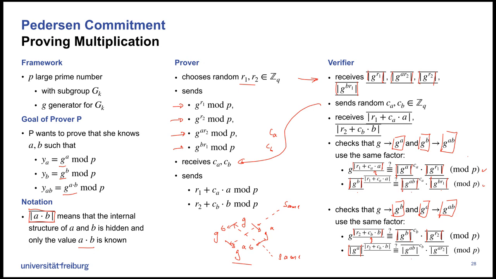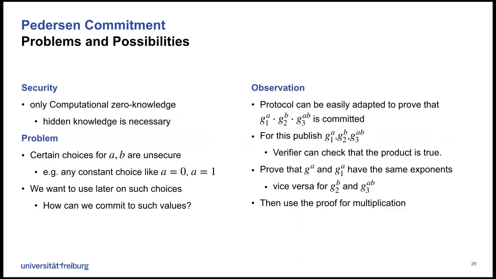So by this parallel proof somehow, you know that you have G to the A times B in the exponent. And you can prove that this is the case without revealing too much information. Again, this is only computational zero knowledge, because you need some hidden knowledge to really produce this thing.